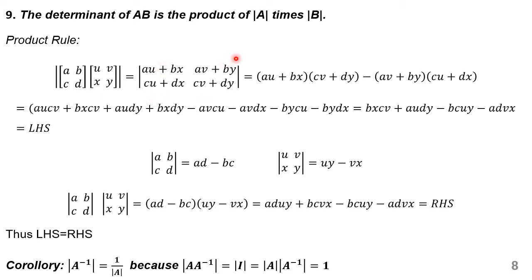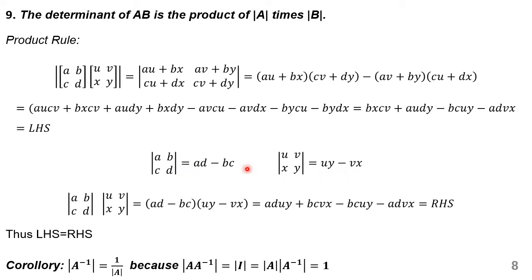And I take a determinant of this, I am going to get the answer as DXCV plus AUDY minus BCUY minus ADVX. That is on the left hand side. Now let me take separately the determinant of A and the determinant of B. Determinant of A will give me AD minus BC. Determinant of B will give me UY minus VX.